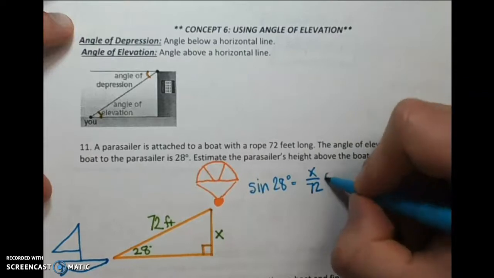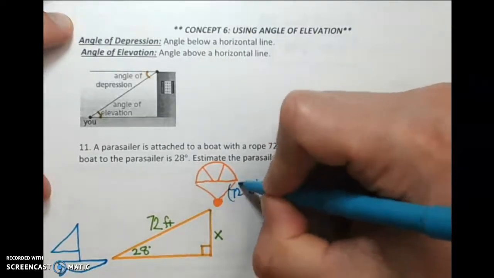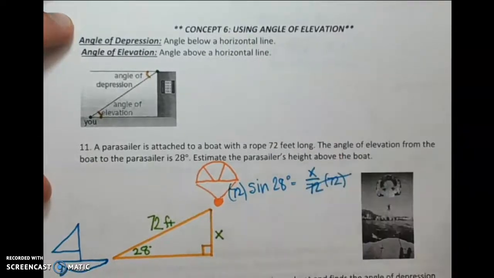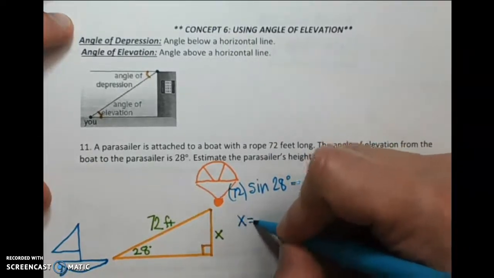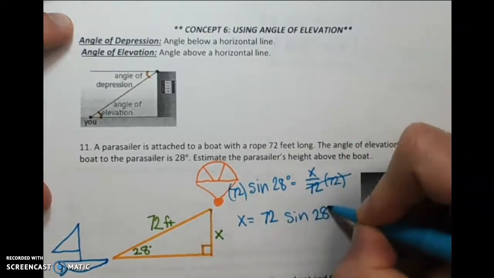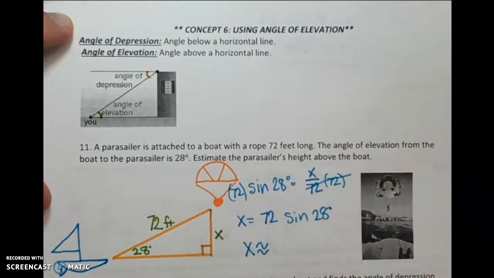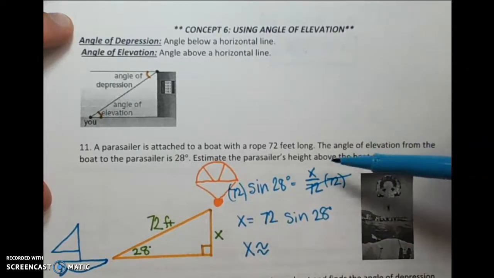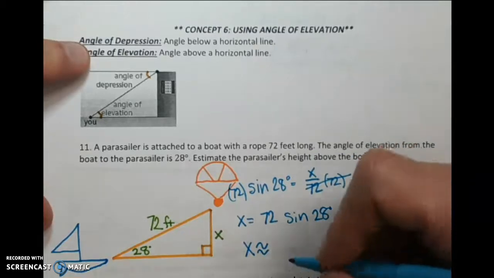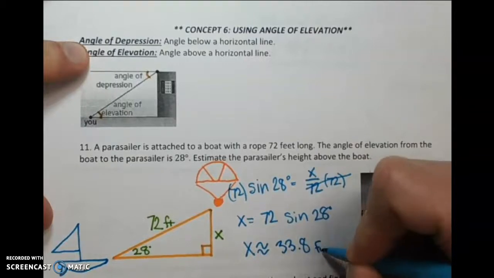What I'm going to do is multiply 72 to both sides to get x all by itself. Cancels out that. I get x equals 72 sine 28 degrees. And then I'm going to plug that into my calculator, and it does ask to estimate the height, and that is about 33.8 feet.